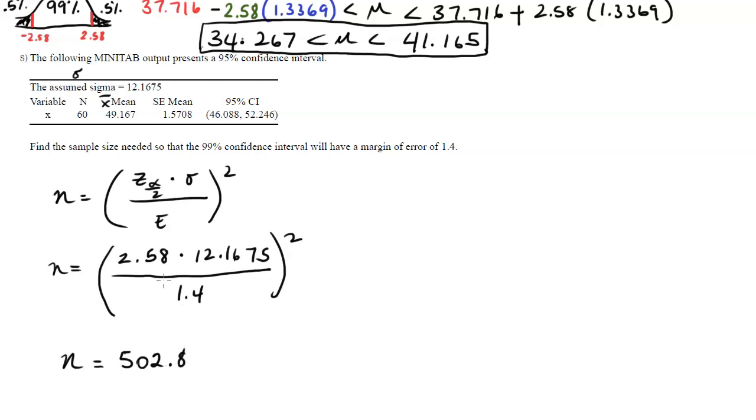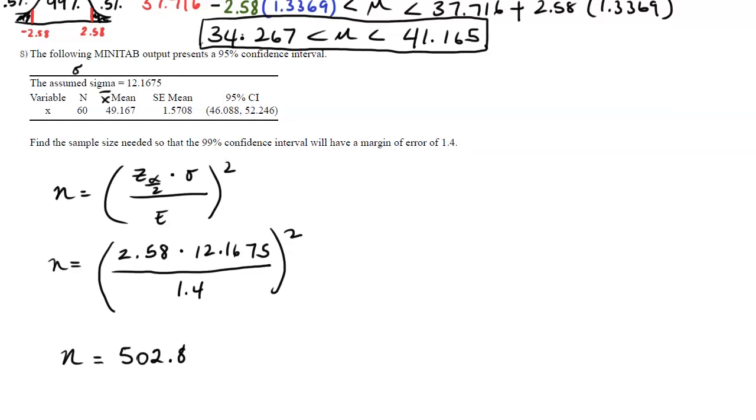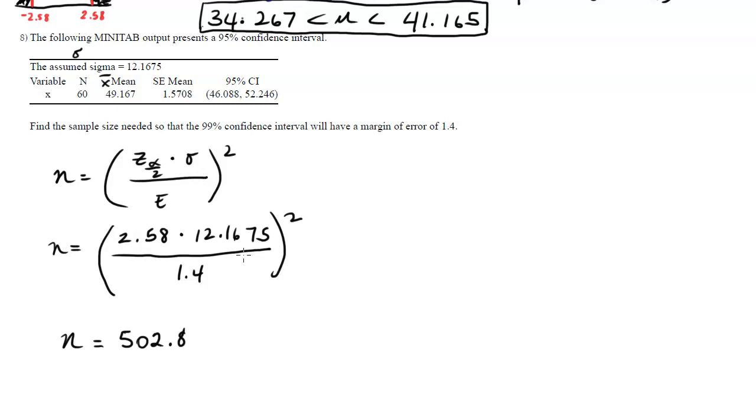Now this is the size the sample needs to be so that the 99% confidence interval has that margin of error. But I can't have 502.8 people, things, items in my sample. So we need to always round up, because 503 would automatically ensure that I have that 502.8 in there. So just round to the nearest unit, I should say. So 503 is the sample size we need.